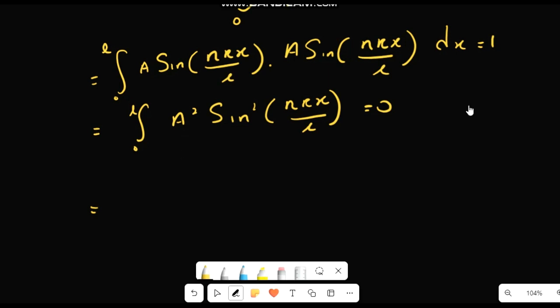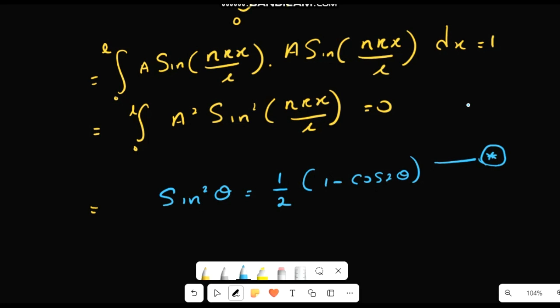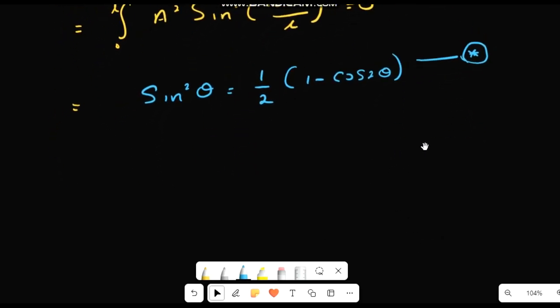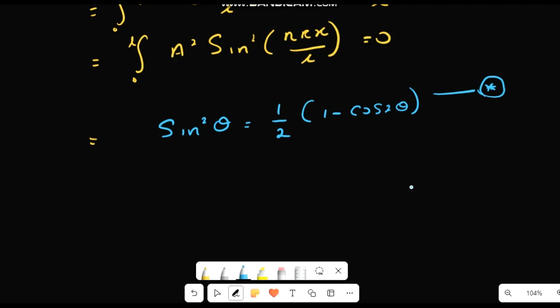There is an identity from trigonometry like this: sin squared theta equals 1/2 times (1 minus cos 2 theta). This is just an expression, you can simply remember it. So I will use this equation to substitute for my sin squared term.